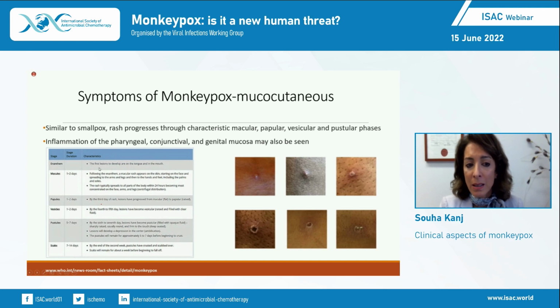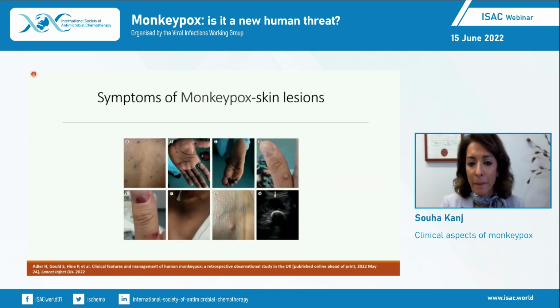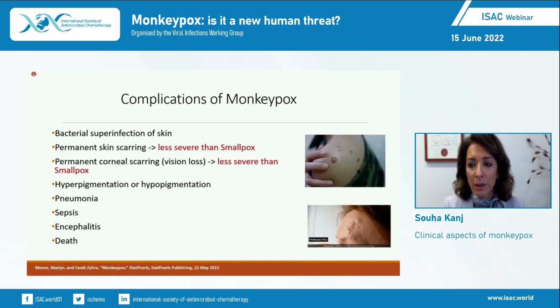As you see here, the number of days between each progression from macules to papules is around 2 days. But for example, from pustules to scabs, it can take up to 7 to 14 days. These are some of the pictures from the Lancet Infectious Diseases publication from the UK. As you see, the skin manifestations tend to be very variable from one patient to the other.